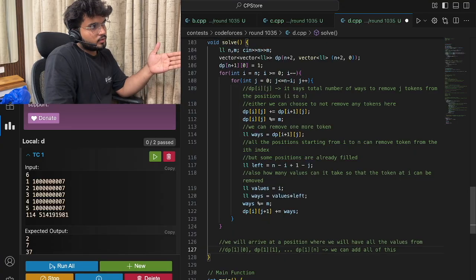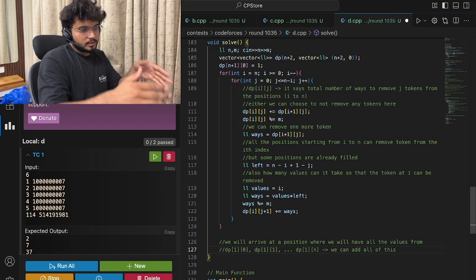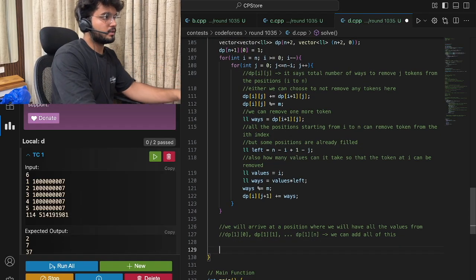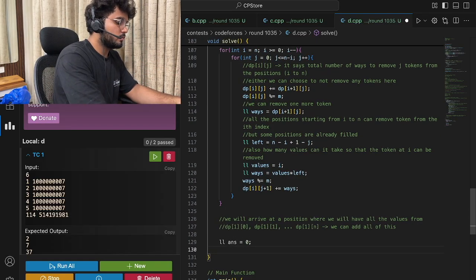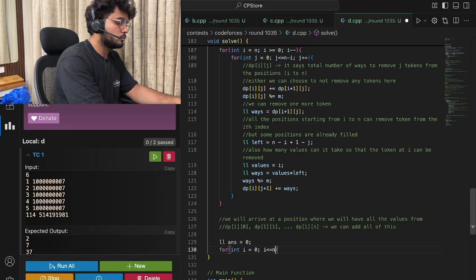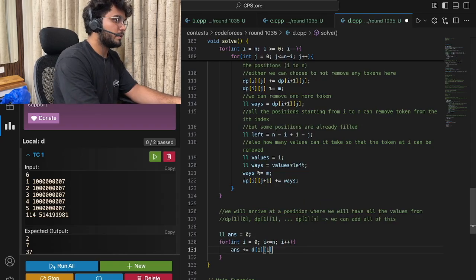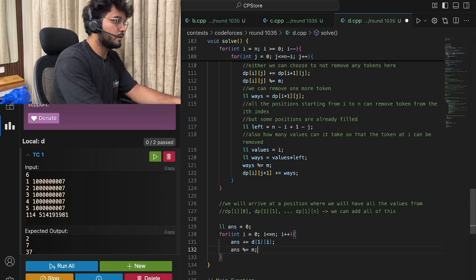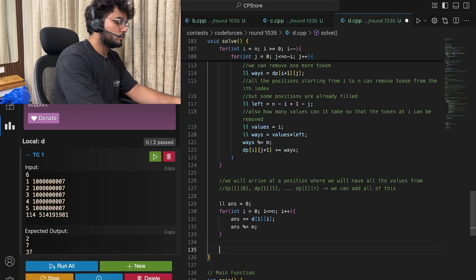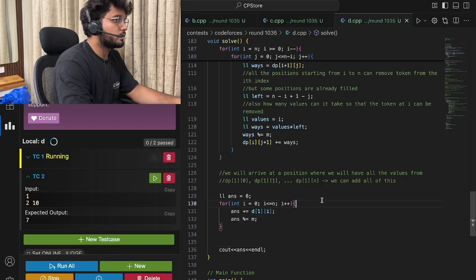How many ways are there to remove 0 elements from 1 to n, 1 element from 1 to n, 2 elements from 1 to n, till n elements from 1 to n, and this was our final answer. So answer starts from 0, and answer plus equals to dp of 1 to i, answer mod equals to m, cout answer. Let's see if there is any mistakes.